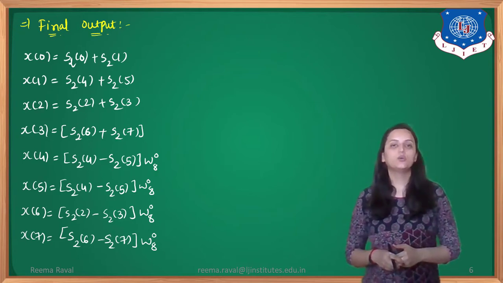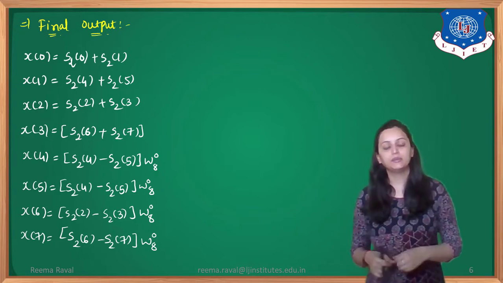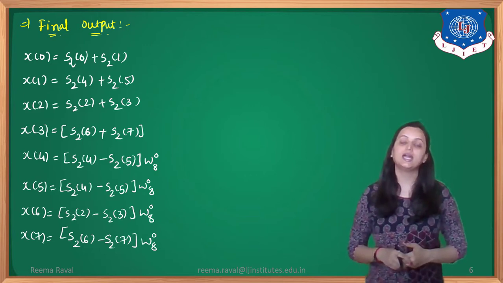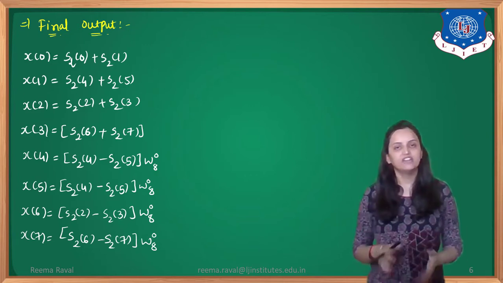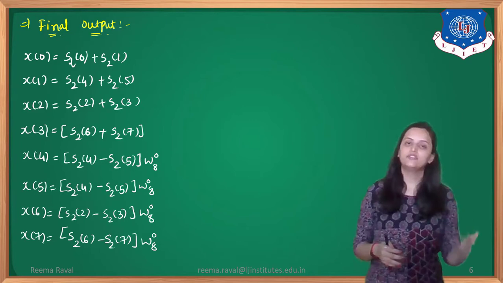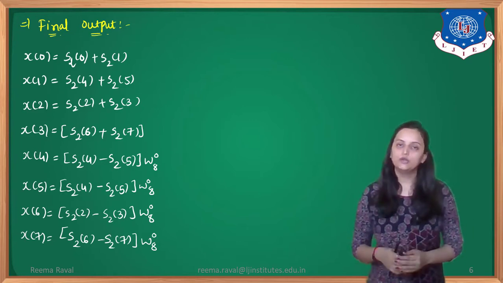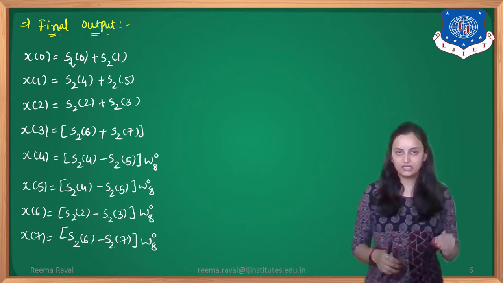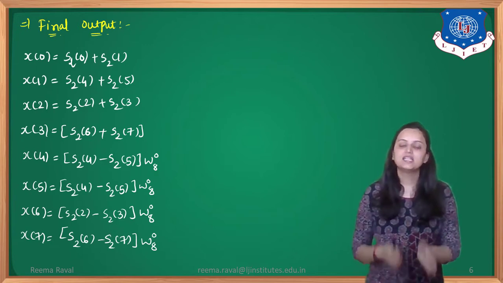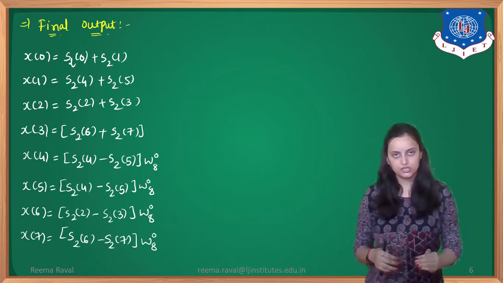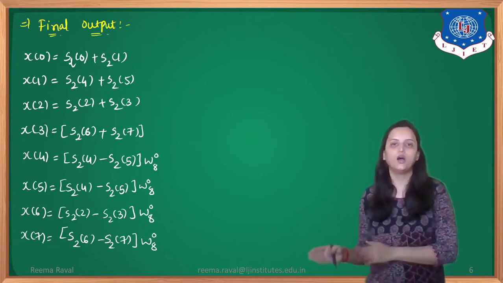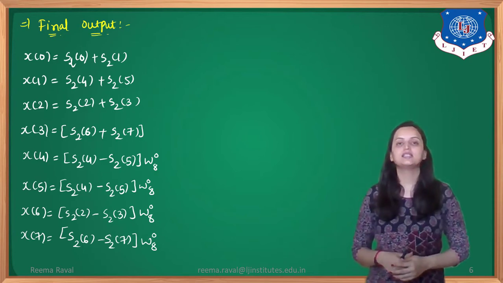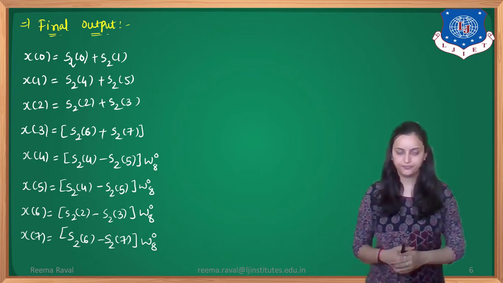If the data given to us is in frequency terms, as we have seen in the example for the DIT-FFT algorithm, we need to put the values accordingly on the input side, and by placing all these values in these equations stage-wise, we calculate the final output, as we did for the DIT-FFT example.